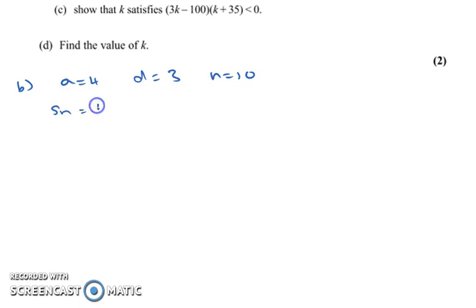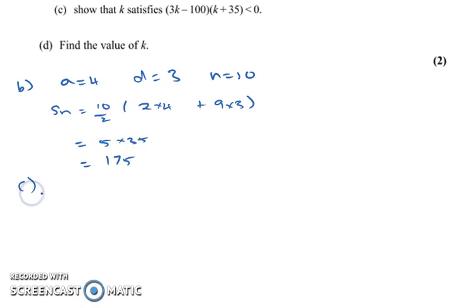So S_n equals 10 over 2 multiplied by (2 times 4, add 9 times 3), which is 5 times 35, which is 175.